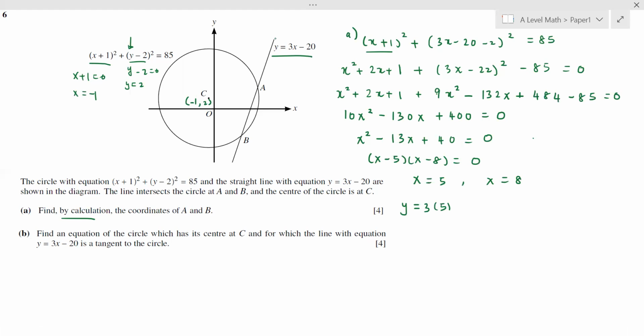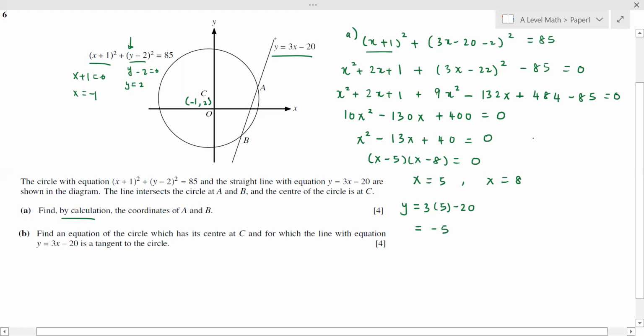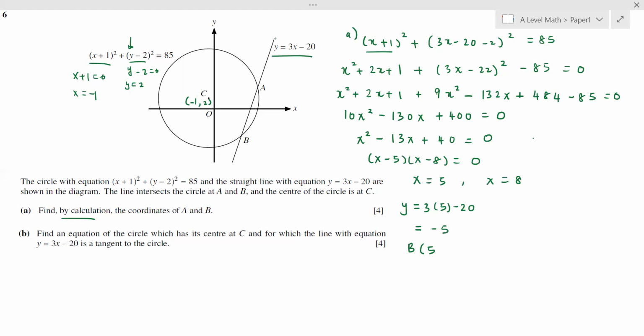You have 3 times 5 minus 20, which gives 15 minus 20, which is −5. So the y coordinate is negative. That means this must be the coordinates of point B. B has coordinates (5, −5).